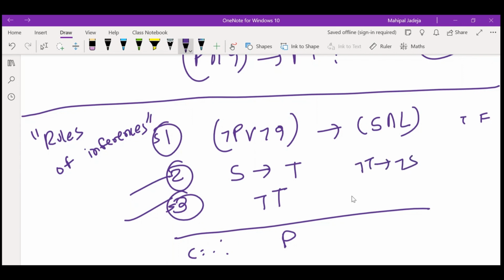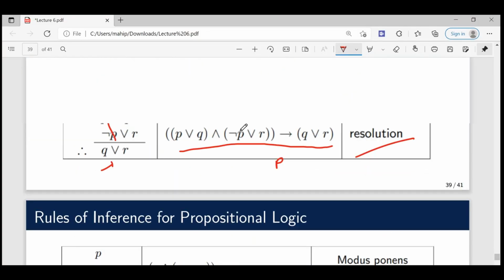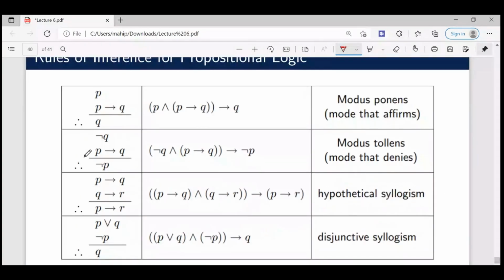And what I can do? I have negation T already. So from these two, can't I conclude negation S directly? And this rule we have already seen today, right? You can notice here this one, the second one.